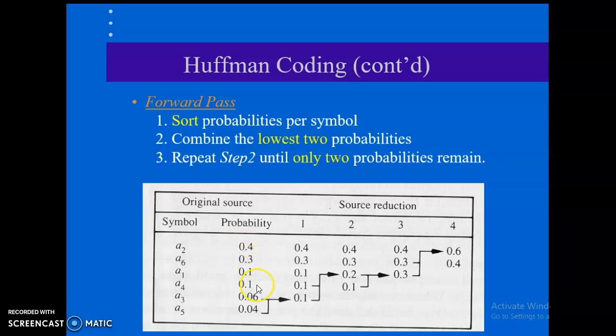Probabilities 0.4, 0.3, 0.1, 0.1, 0.06, 0.04. Source reduction 1, 2, 3, 4. Here is the maximum value, and here the value is less than above.